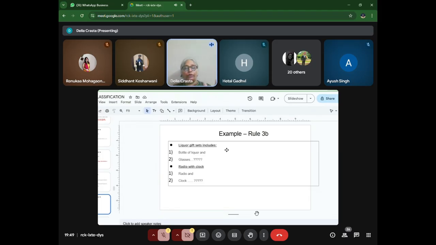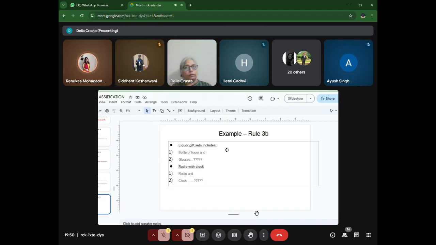So how are you going to classify this particular item? It is a single item, but physically there are two items here, or you can say two items are combined together. One is liquor and the other one is glass. So how will you classify that? Which item is giving the entire article its essential character?